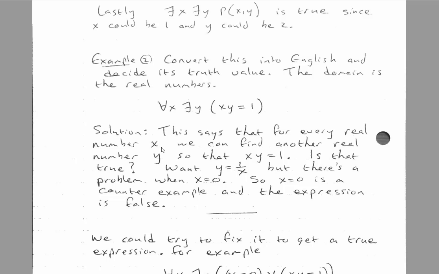If you start with any x, the y you need is just the reciprocal, 1 over x. So what's the problem? Are there any issues? Is there any x where we have a problem? Yes, there is one bad number here. If x is 0, what's 1 over 0? That's undefined. We can't divide by 0.